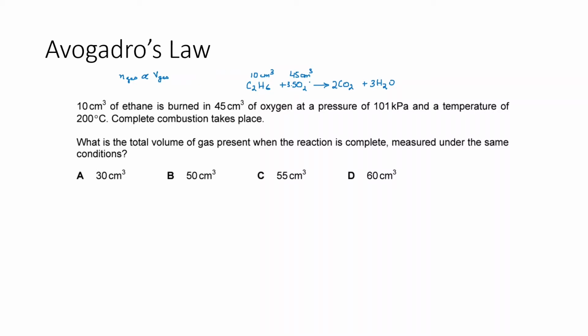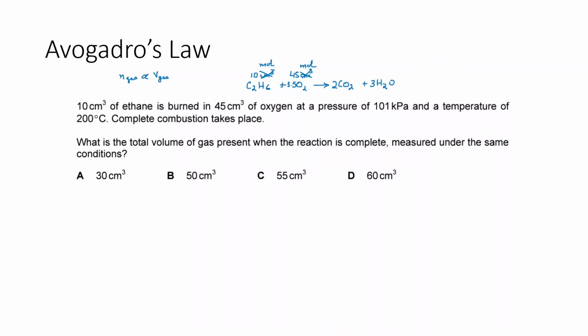right? So keeping that in mind, a simple trick to solve this kind of question is to just get rid of the units of volume and just replace it by moles. It works either way. So let's say I have 10 moles of C2H6 and 45 moles of O2.